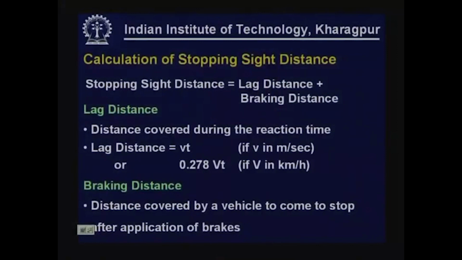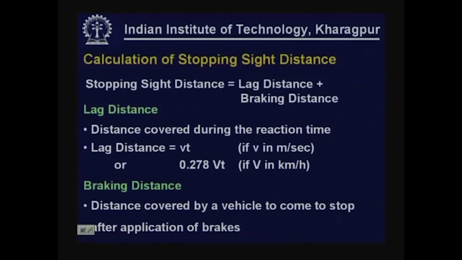The vehicle travels at its original speed during the perception reaction time, which gives what is known as lag distance, and then once brakes are applied effectively, the vehicle will again travel some distance before it stops. That distance is known as braking distance. So, stopping sight distance is equal to lag distance plus braking distance.